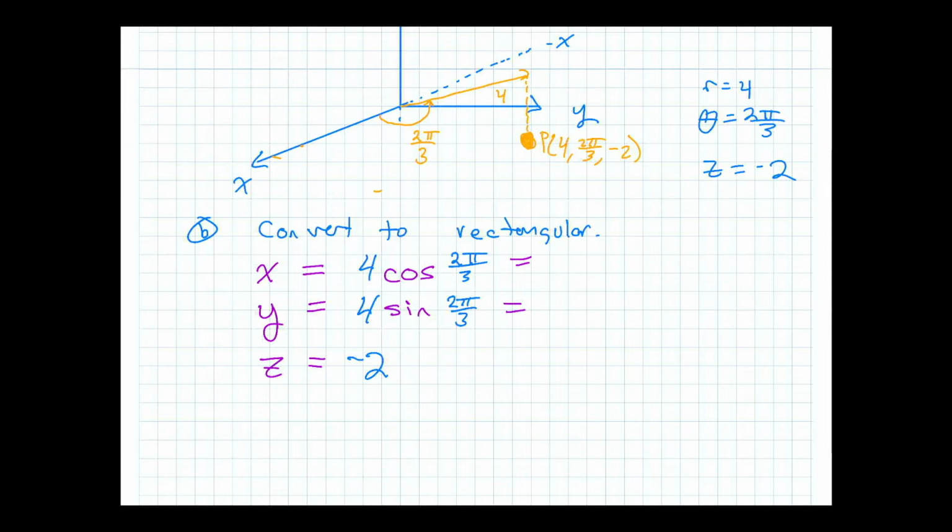So you need to know cosine of 2 pi over 3, which use a calculator if you have to, use Wolfram Alpha if you have to. If you know your trig, then you know your trig. I just want to get my calculator set up to do this properly.